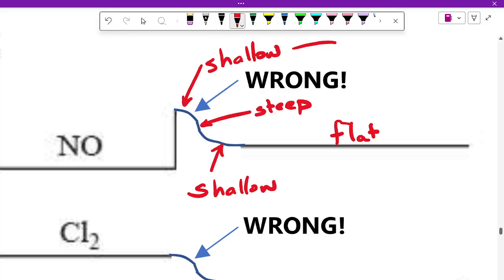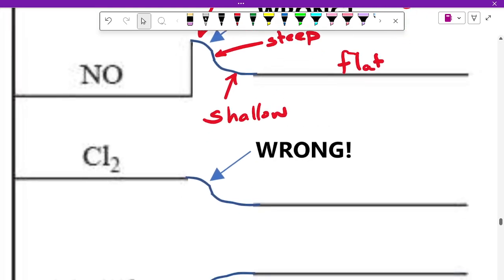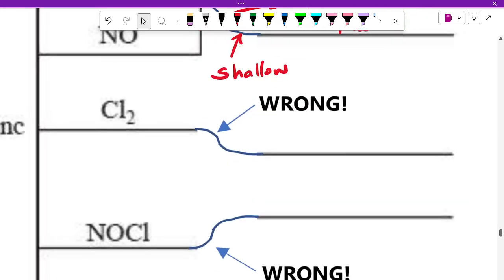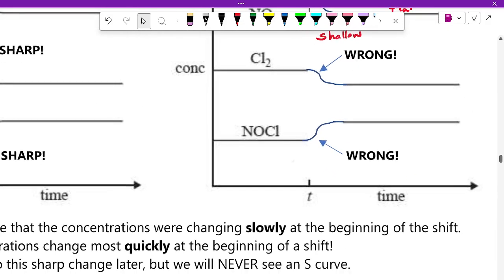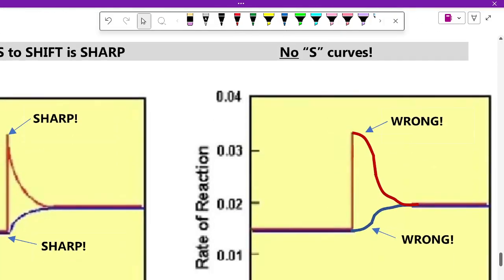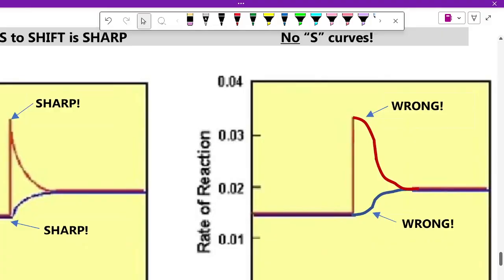So this bit here is wrong. Anytime you see an S curve, and it's really tempting to draw them, I don't know why, but people want to, these are all wrong. Okay, no S curves. Steep, shallow, flat. Same thing on a rate diagram. Wrong. S curve.